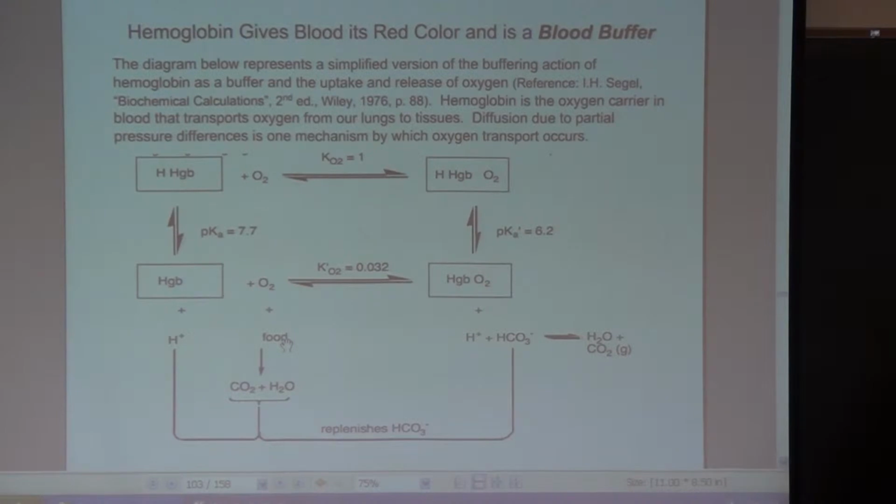Because the O2 has got to react with the food, and that provides energy. So when that happens, in which direction does this equilibrium reaction shift? Does it go toward the HHGBO2 or toward the HHGB? It's going to go toward the HHGB, because again, the O2 is being removed because that's going to react with the food to form energy.